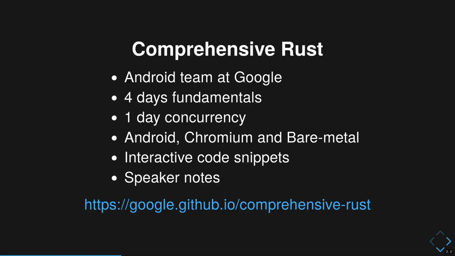These are the basics, but also the unique and important aspects of Rust, for example, ownership and borrowing. These are covered in the first 4 days, and there is 1 day which talks about concurrency, which includes multi-threading and async.